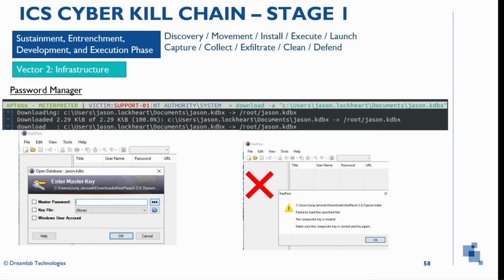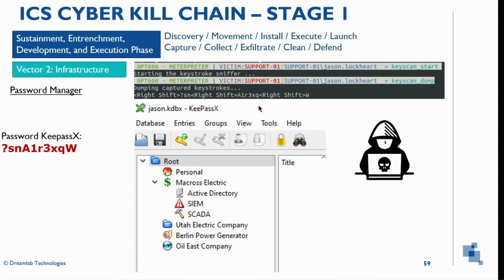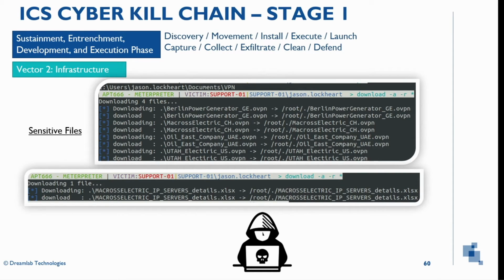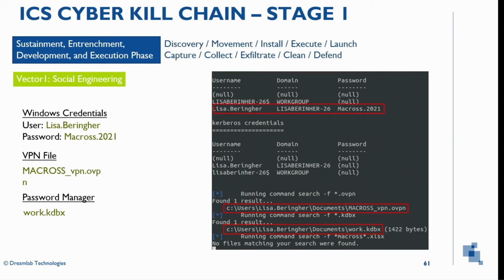Also, we can download the password manager and try to run a keylogger to extract the password for KeePass, right? Search and look at the sensitive files, and all this process can also be done with the user Lisa, right? The operator user.